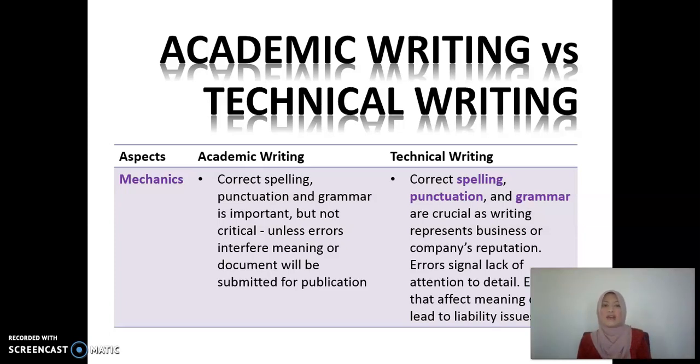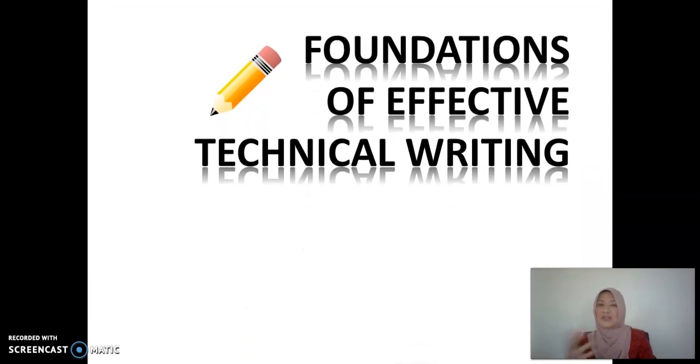However, for technical writing, correct spelling, punctuation, and grammar are crucial because the writing itself represents the business or company's reputation. Any errors will signal lack of attention to detail, or errors that can change meaning could lead to liability issues, and at times you can get sued for that.